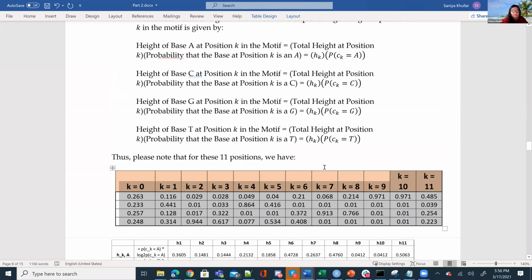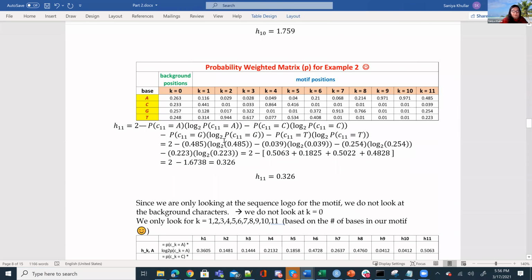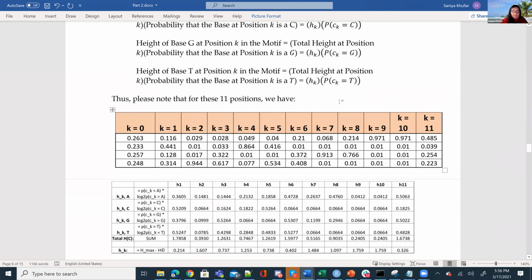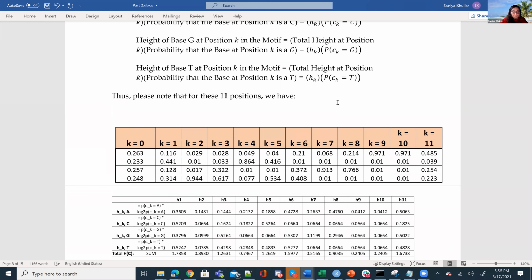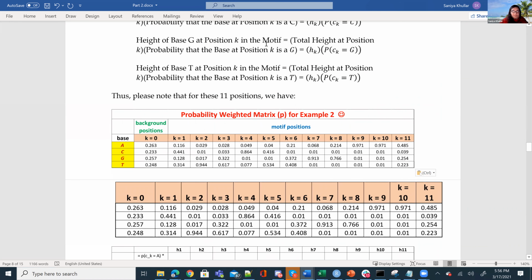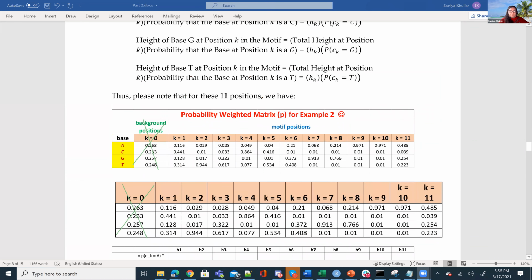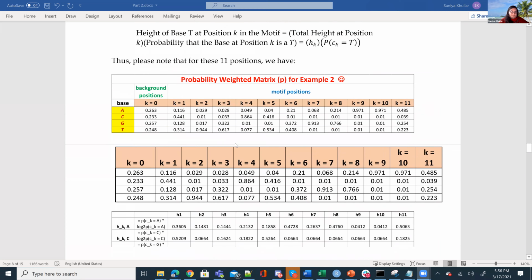Let me bring this part here and show you that from the probability weighted matrix, I was just focusing on this part. We're going to cut this part out. We're not going to focus on this part. We're just going to focus on the motif positions here. These are the same things minus the heading. It's the same thing over here; I just put it again twice.